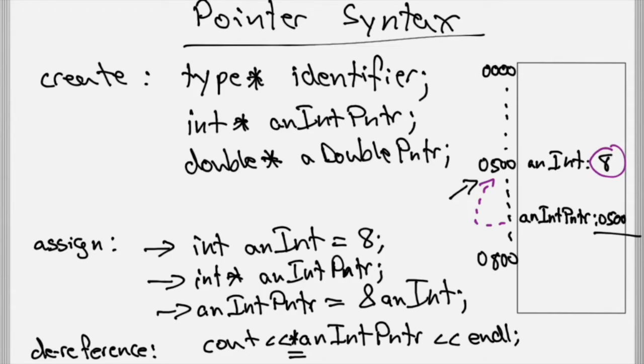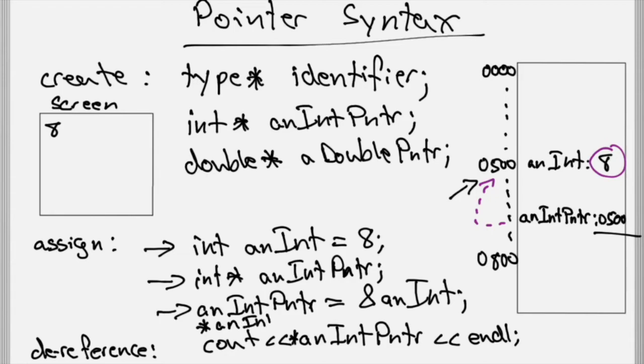That tells the compiler at this point we want to dereference that pointer. We want you to follow it to that location in memory and get whatever you find there. So in this case, this would cause us to actually print a value 8 on the screen via that pointer an int pointer. Okay, so that's how we can read a value that's being pointed at by dereferencing the pointer.